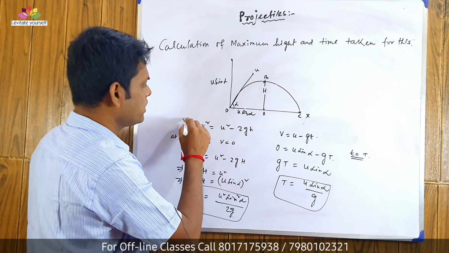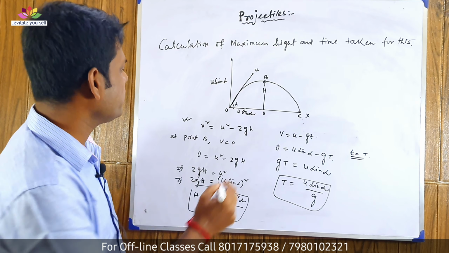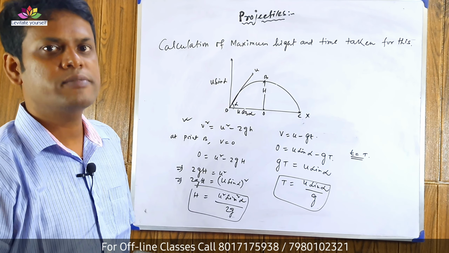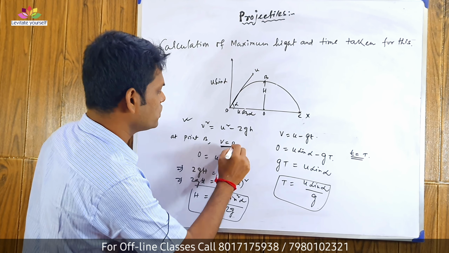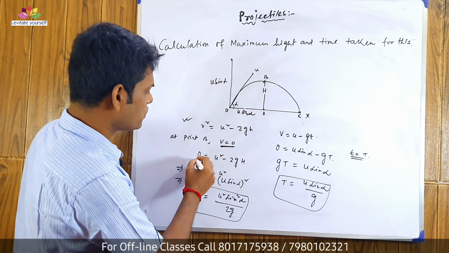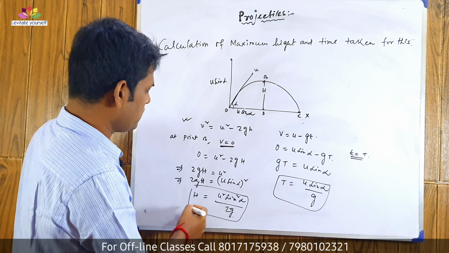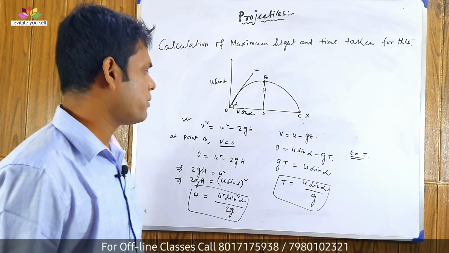That's why we use the equation v square is equal to u square minus 2gh. At the maximum point, the velocity is 0, so v is equal to 0. Putting v is equal to 0, u is equal to u sin alpha, and h is equal to capital H, and calculating the whole process, H is equal to u square sin square alpha by 2g.